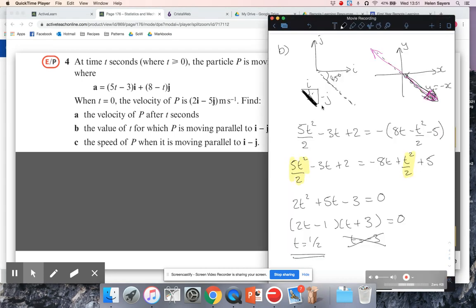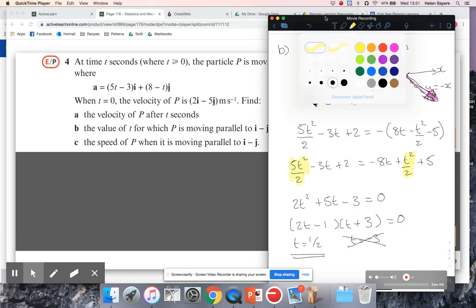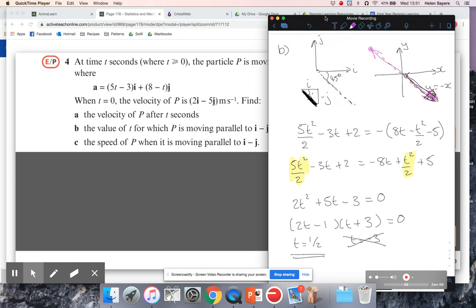Right. So now one thing I haven't actually shown is whether it's traveling that way or that way. And I want it traveling down to the right, okay? Now, because I've only got one solution, I'd be pretty happy to assume that's the correct one.